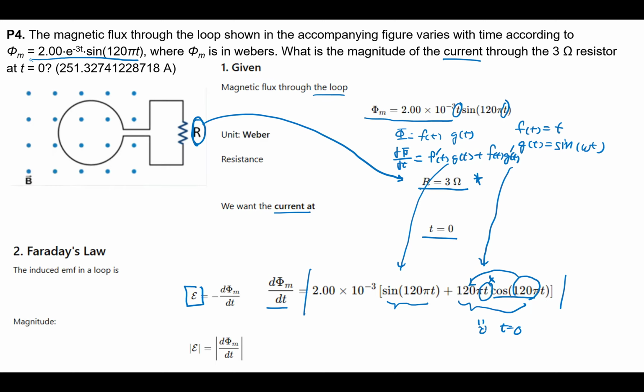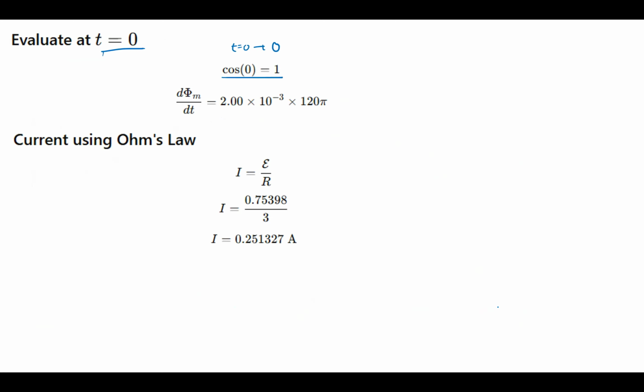So it is this term, then cosine. Then we need to take the absolute value for t equal to 0, and you can do the calculation one by one.